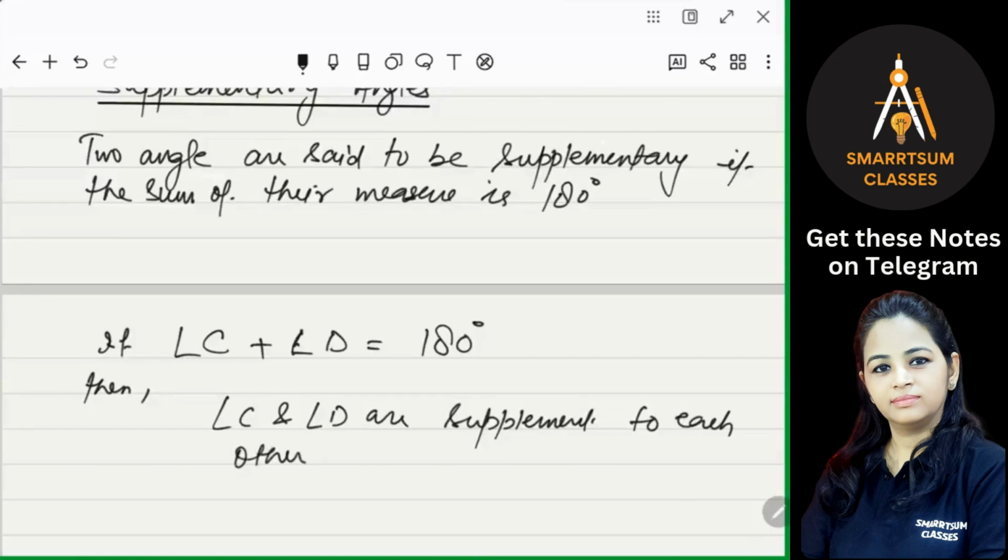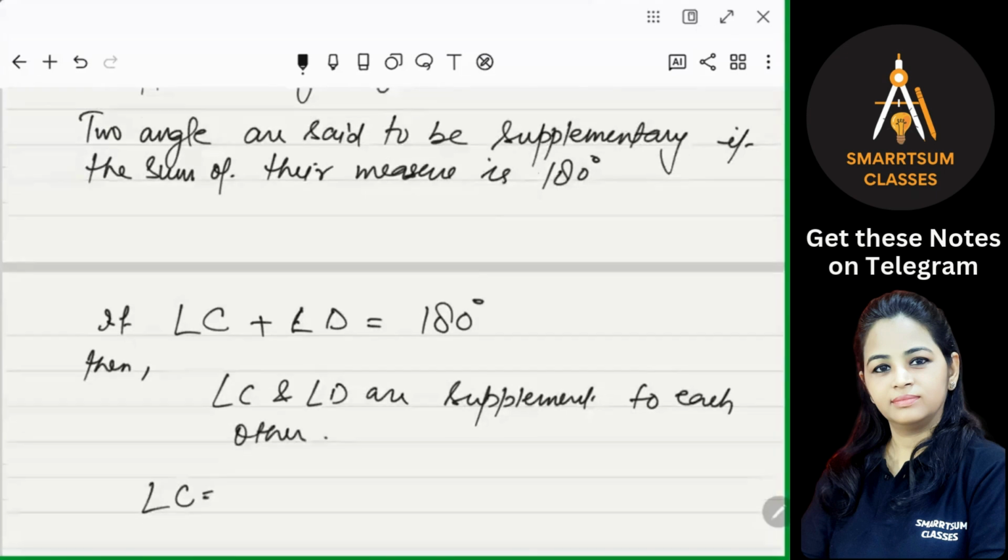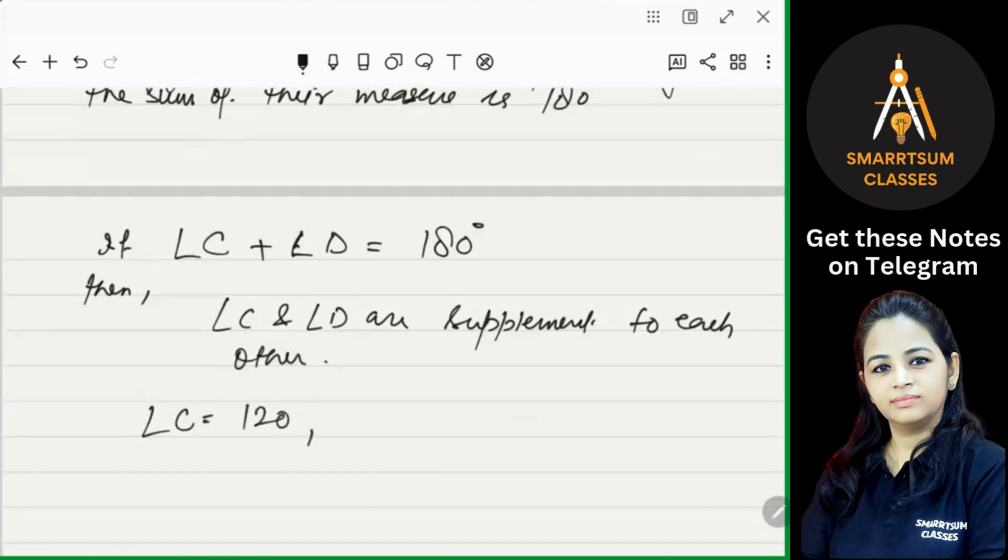Is that clear? So suppose angle C is given and this is 120 degree, so you can find its supplement angle, which is angle D, that is 180 degree minus 120 degree, that is 60 degree, right? So what is the supplementary angle of angle C or supplement of angle C? That is 60 degree, right?